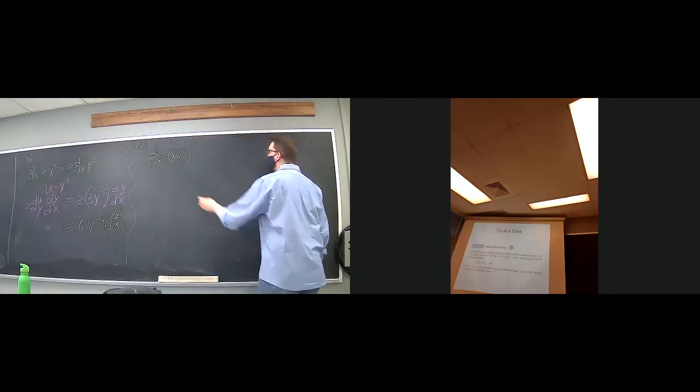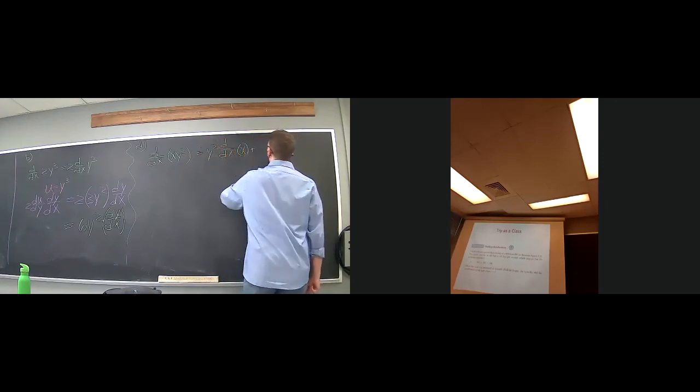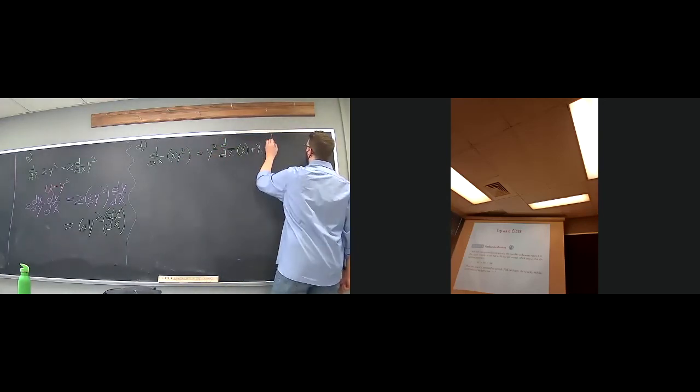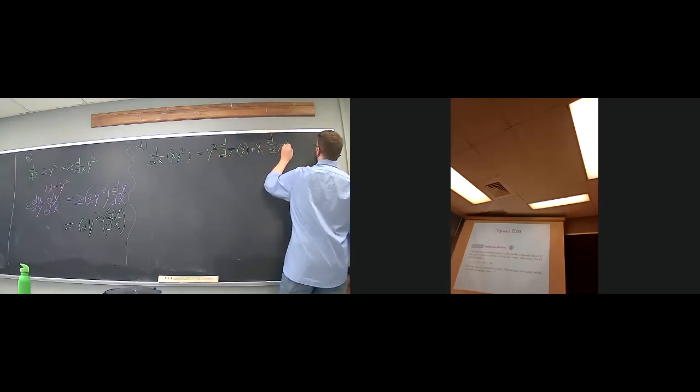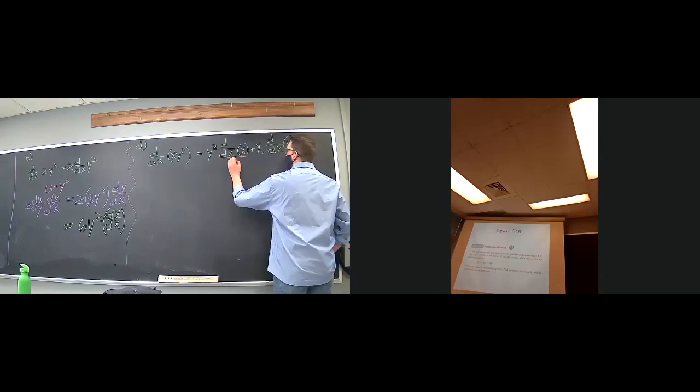Well, by product rule, we know this is going to come out to be y squared times d/dx of x plus x times d/dx of y squared, right? All I've done here is applied the product rule. Well, this derivative is going to evaluate out to be 1. Agreed?